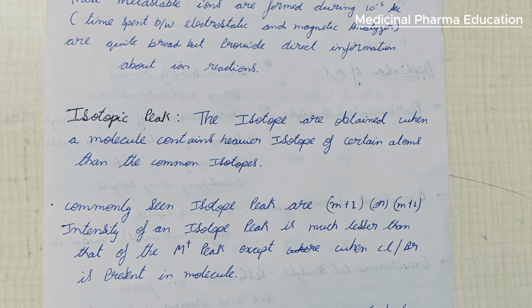Commonly seen isotopic peaks are M plus 1 or M plus 2. Intensity of isotope peaks is much less than that of M plus peaks, except where Cl or Br is present in a molecule. Here, if the mass to charge ratio is normal, but it is present at plus 1 or plus 2, then the isotopic peaks are obtained.